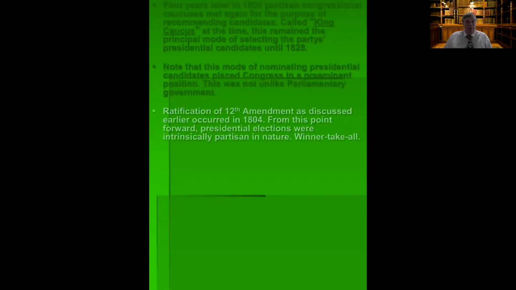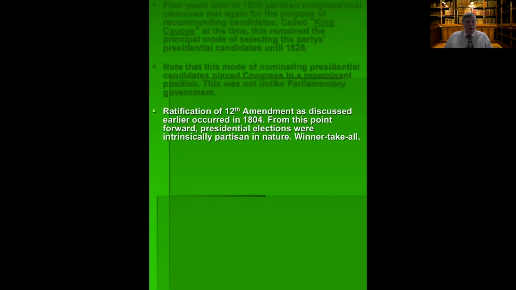This was not unlike parliamentary government today, where it is the parliament that chooses the chief of state, the head of state. And so this precedent that was established in the beginning, called King Caucus, the people deemed it as being undemocratic, and it lasted until 1828.